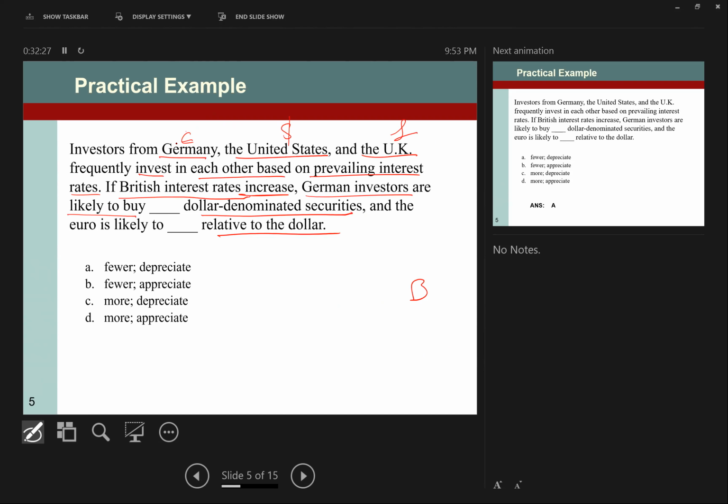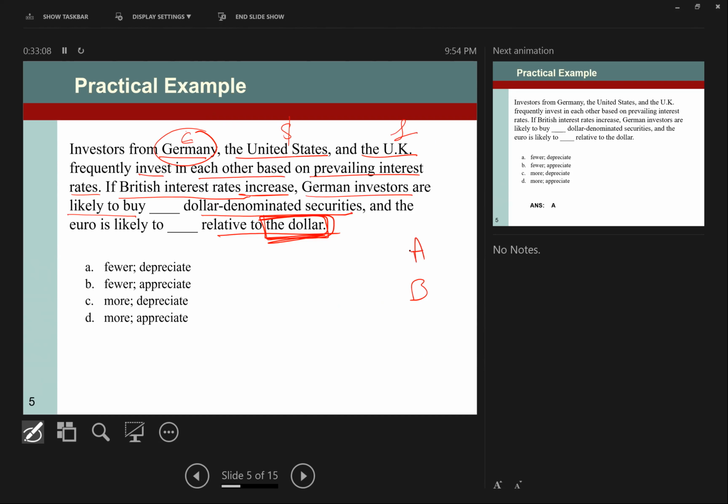Sir, right now I want to change my answer. So they will still buy fewer dollars, but since this is a pound and not euro, I had mistaken it. Then I think euro along with dollar depreciate. They are German investors, and we are comparing it with dollars. Think about that. So it will depreciate to the dollar, the euro.